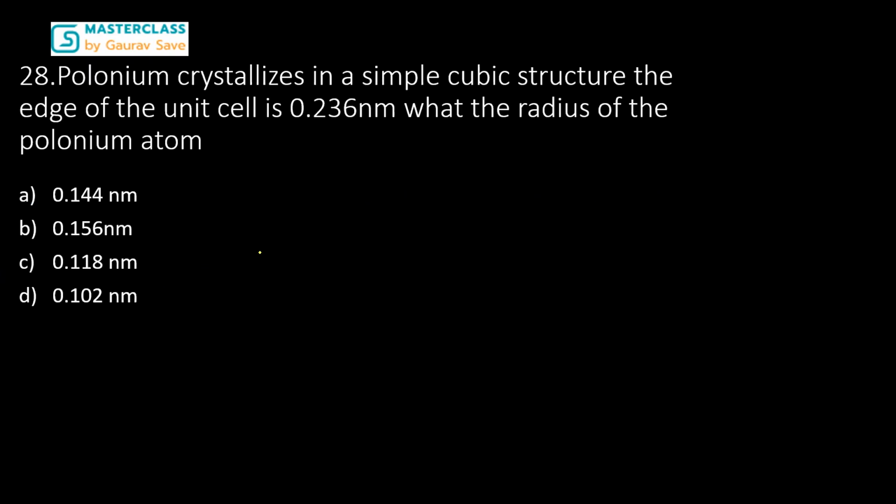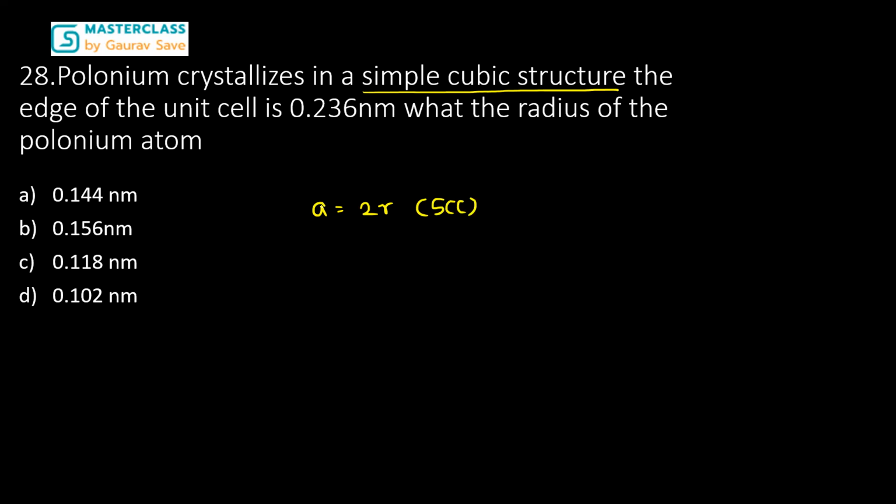Next, polonium crystallizes in simple cubic structure. The edge of unit cell is 0.236 nanometer. What is the radius of polonium atom? Okay, so now they have already told us that its packing type is simple cubic structure. So a equals 2r is valid for simple cubic unit cell.